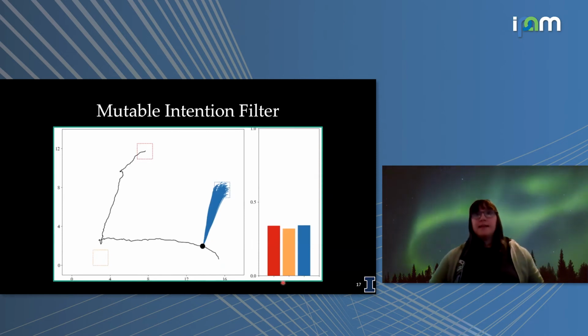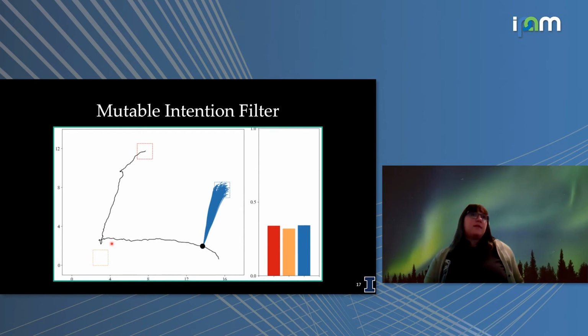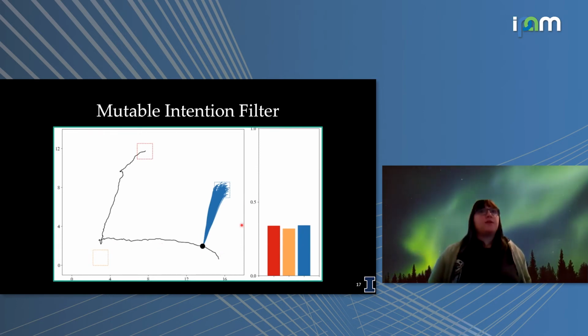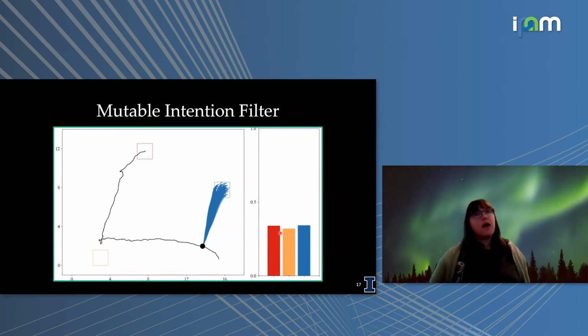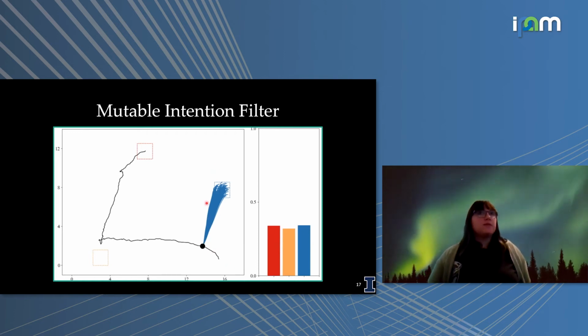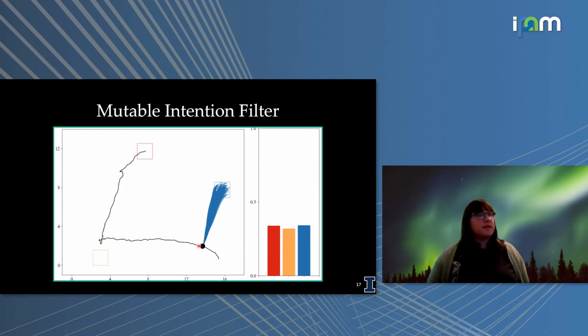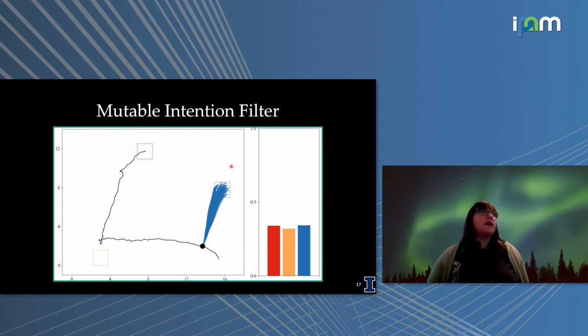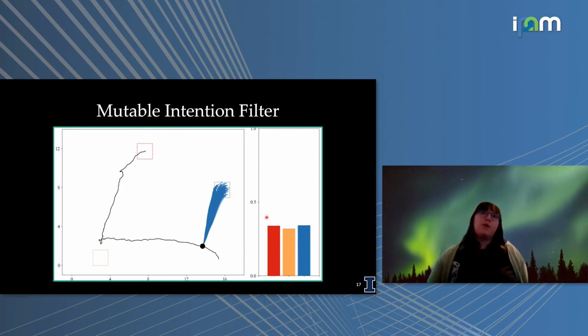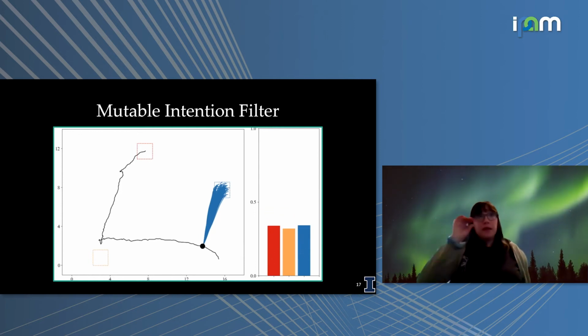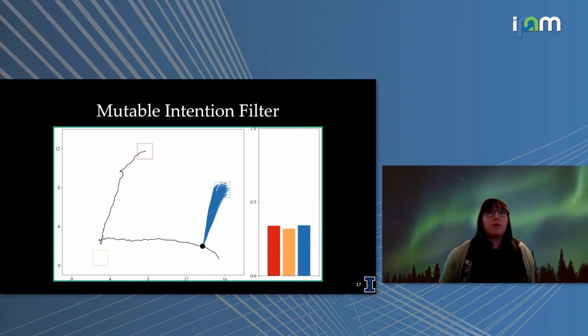So let's look at this case here. Again, this is the same example that we were looking at before, where first we initialize all of our intentions with something like equal probability. So you can see we can get some weird samples or off-looking trajectories early on. But as we start gathering more information and coming up with a better inference, we can see how this improves down the road.